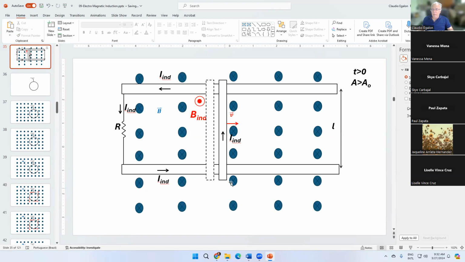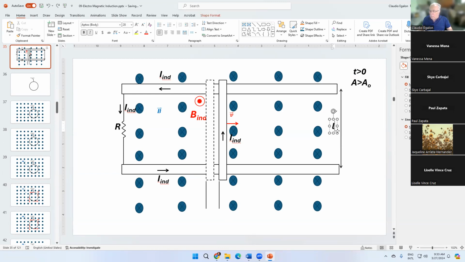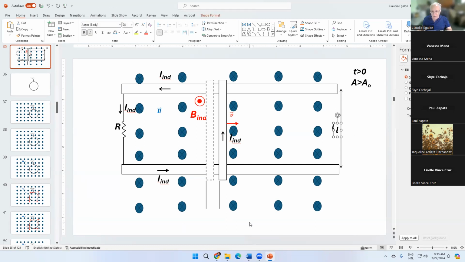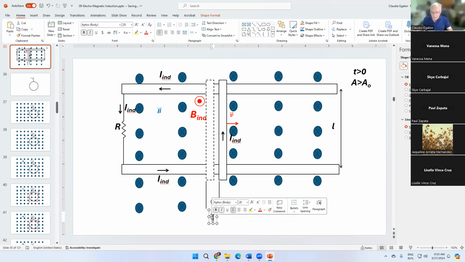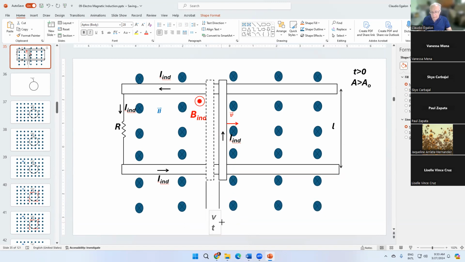This displacement that you see from here to here, this one until here is going to be vt. This distance here I'm covering, I'm gonna put as being vt.